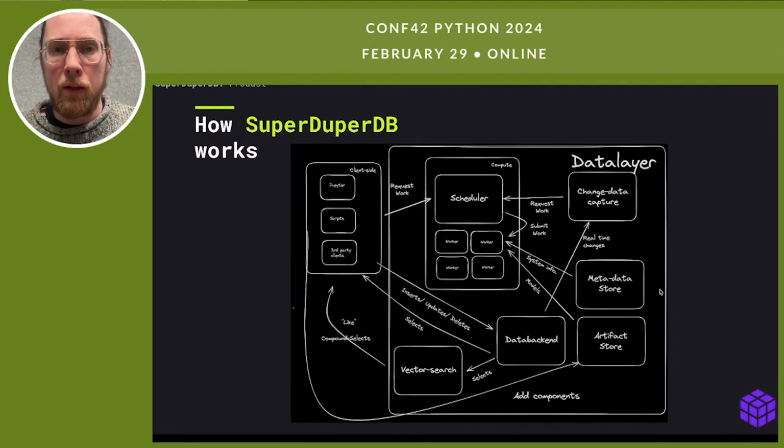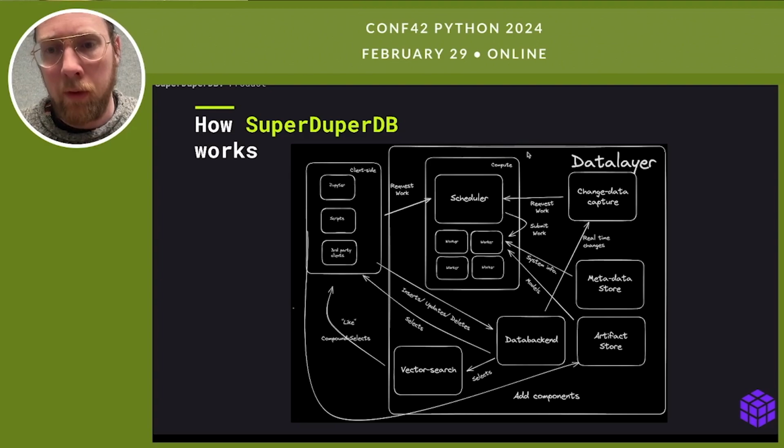So now let's get a little more technical. So what does the underlying architecture look like of a SuperDuperDB system? So you'll see later that SuperDuperDB is a Python package, but at the same time, it's a deployment system. In order for your Python package to operate, it's interacting with the components you see on this diagram.